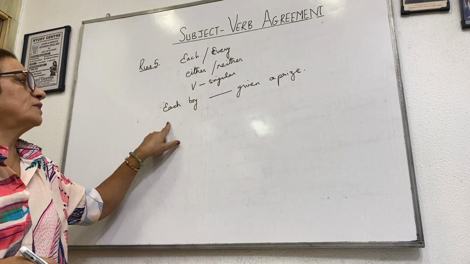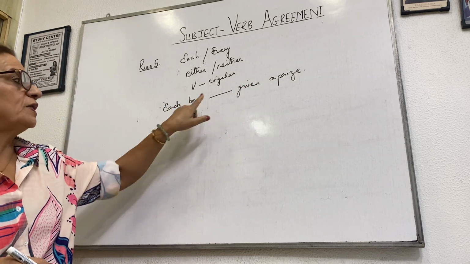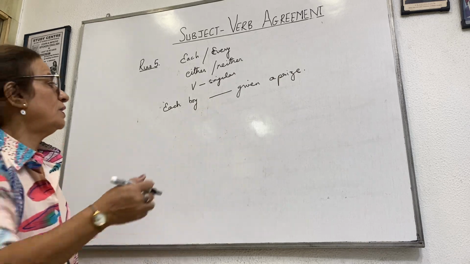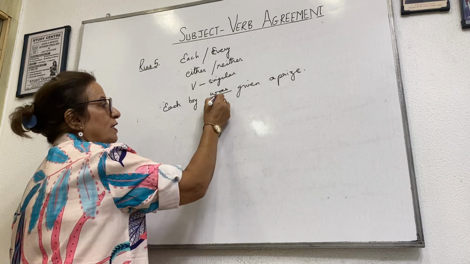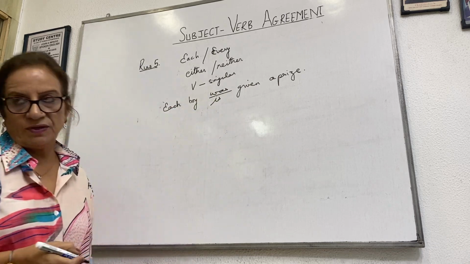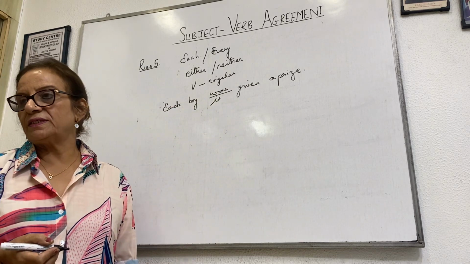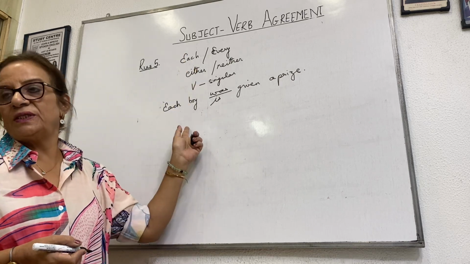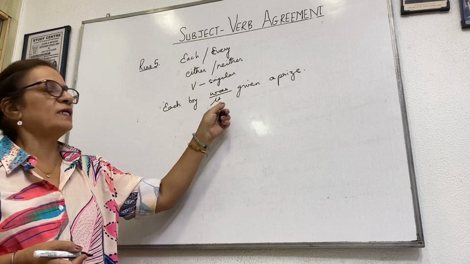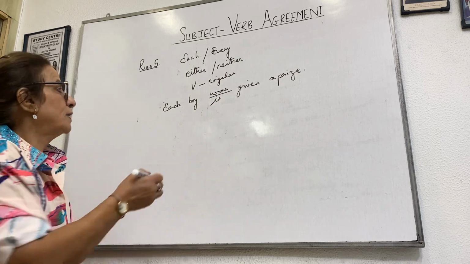So when the subject we are using each, then the verb should be singular. Each boy was given a prize, or we can say is given a prize. Okay, we can use past or present, because the rule says when the subject is with each, then the verb is singular. Okay, take another one.